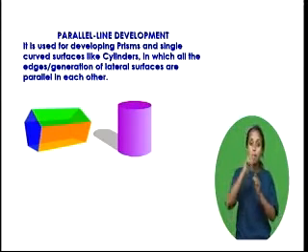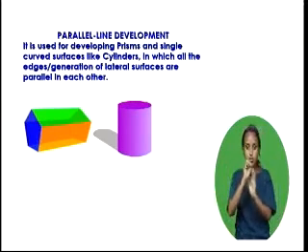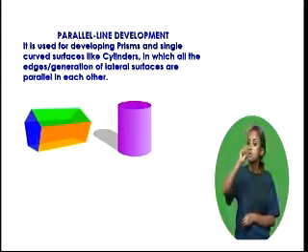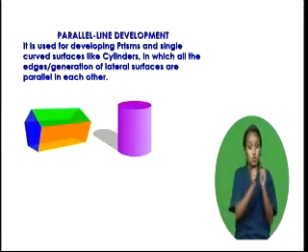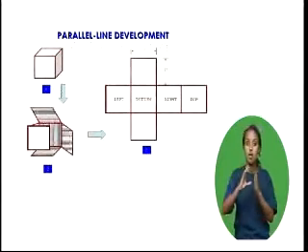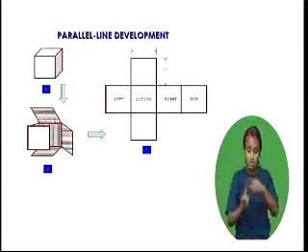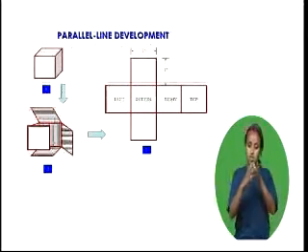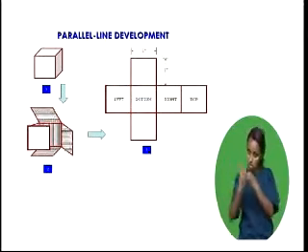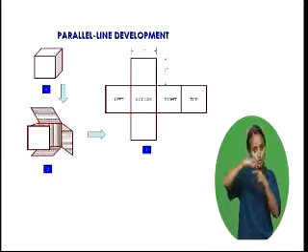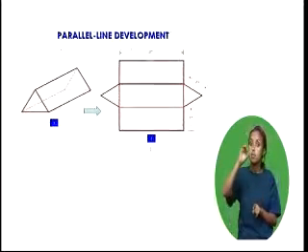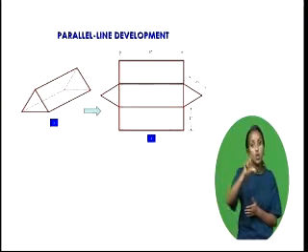Parallel line development is a method used to develop prisms and cylinders. Development of objects with parallel elements or parallel lateral edges begins by constructing a stretch-out line that's parallel to a right section of the object and is therefore perpendicular to the elements or lateral edges.